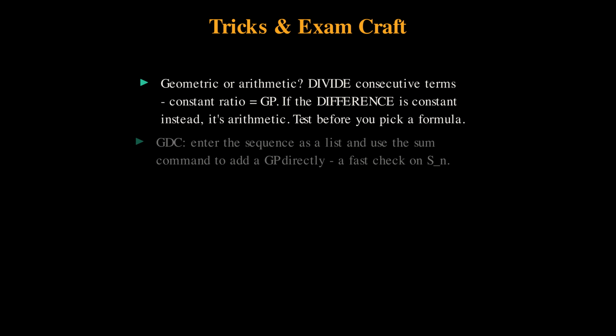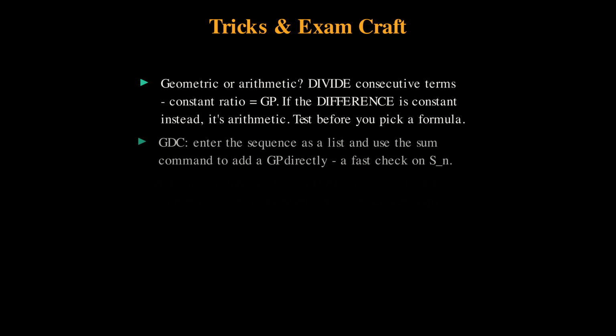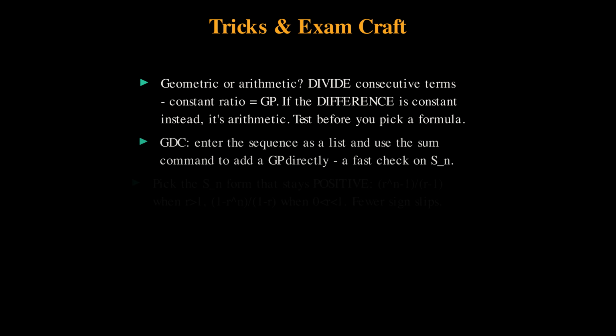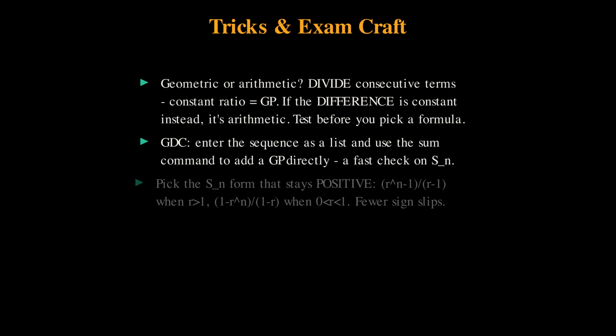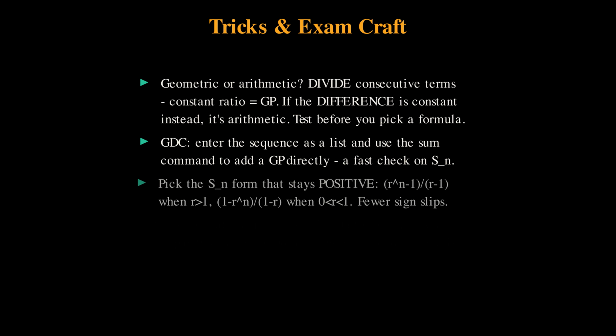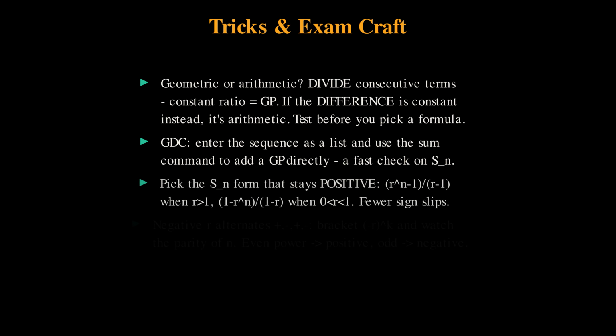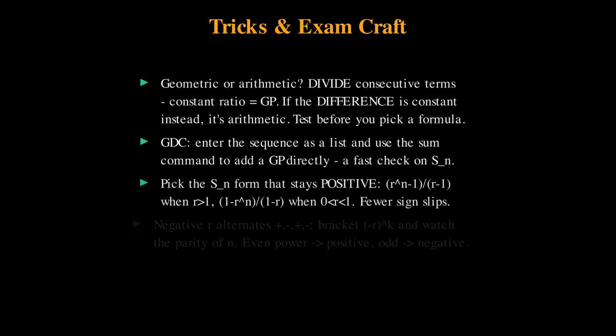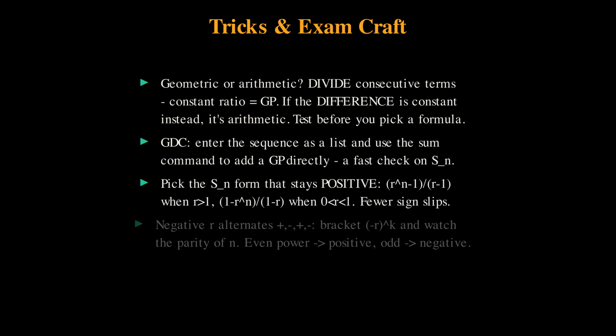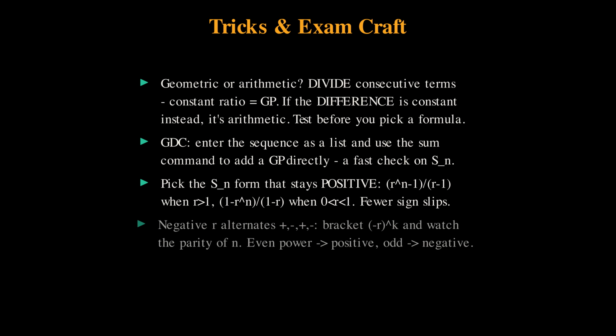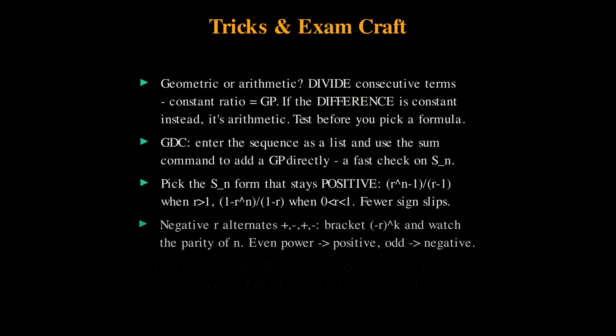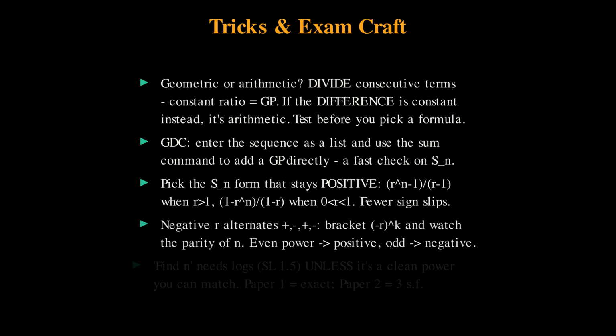Enter the sequence as a list and sum it directly to check your algebra. Third, choose the sum form that stays positive, the r to the n minus 1 form when r is above 1, the 1 minus form when r is a fraction. Fourth, a negative ratio alternates the signs, so bracket minus r and watch whether n is odd or even.